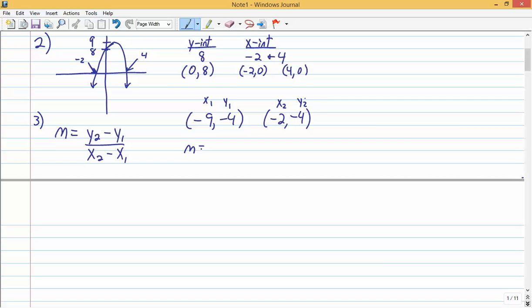Alright, so this slope is -4 minus -4 over -2 minus -9. Anywhere that I have minus and negative, I put plus a positive. So my numerator is going to be 0, my denominator is going to be 7. 0 divided by 7 is 0. You can divide things into zeros, just you cannot divide by 0. Alright, so the slope is 0.